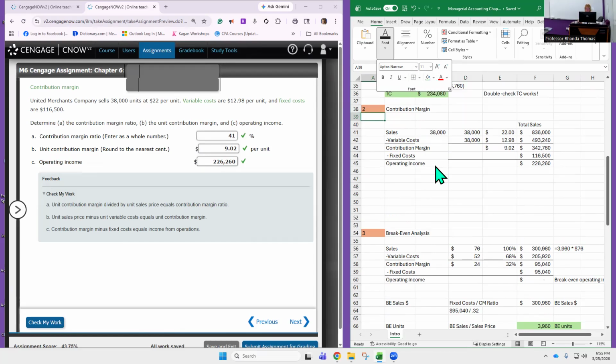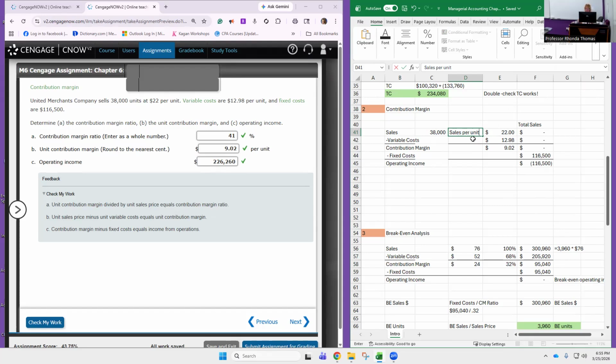Okay, so now I'm going to take the 38 out of here so we can have another column. Okay, so let's just call this sales per unit. So they have to give us that.